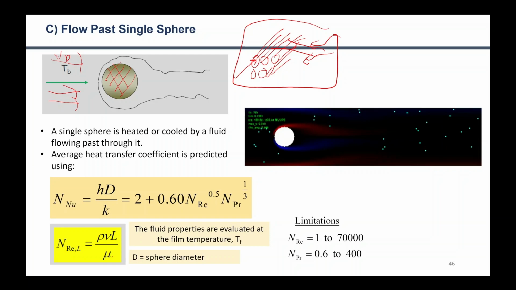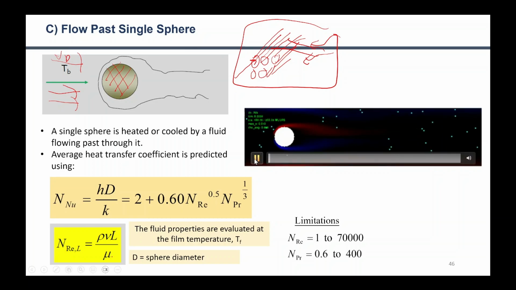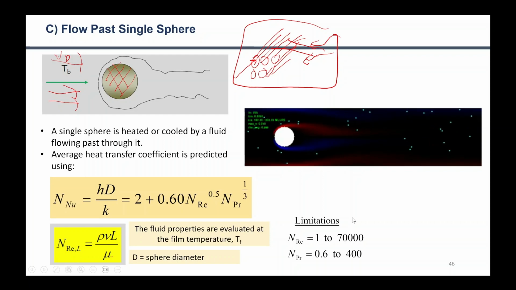In the beginning, since the velocity is low, the Reynolds number must also be low. When the Reynolds number is low, we can see that there is a layer that nicely wraps the body of the sphere.